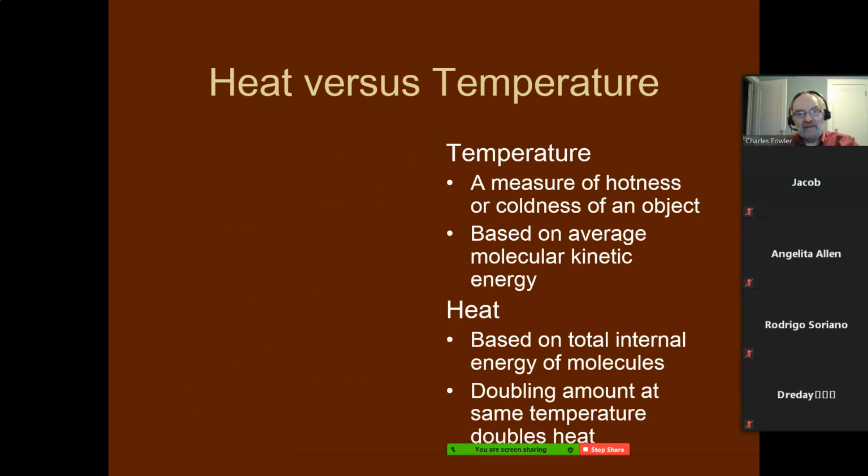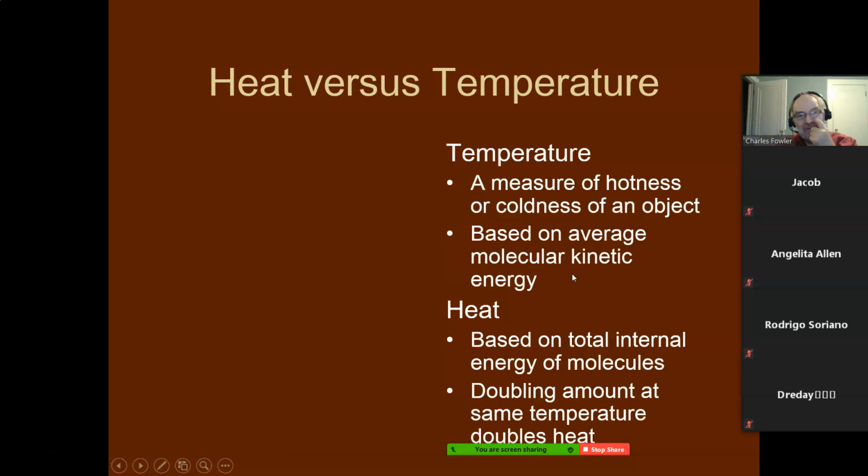Okay, now I think I asked this question early on, is heat the same as temperature? And the answer is no. They're related, but they're not the same. Temperature is a measure of the hotness or coldness of an object. Okay? It is based on the average molecular kinetic energy of that object.